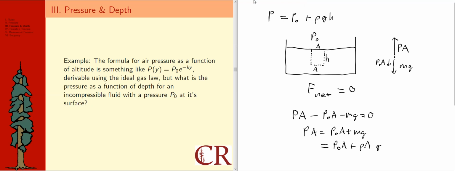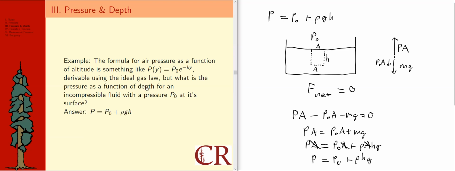So there it is, area times height. And so if I bring back the left side of this equation, I have a common factor of that cross-sectional area, so I can cross that out, and then I get the result that I was after, which was the formula for pressure as a function of depth in a fluid that we started out with. So we can see that that is also the answer listed on the slide.